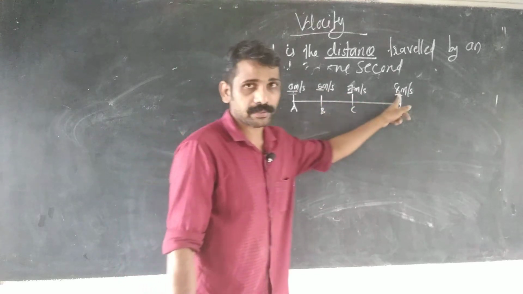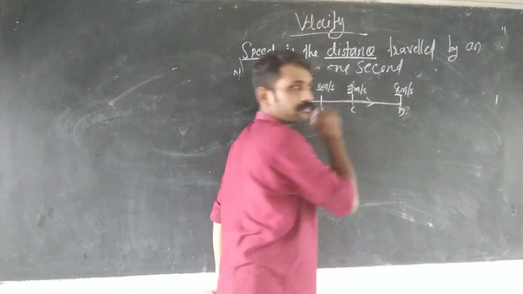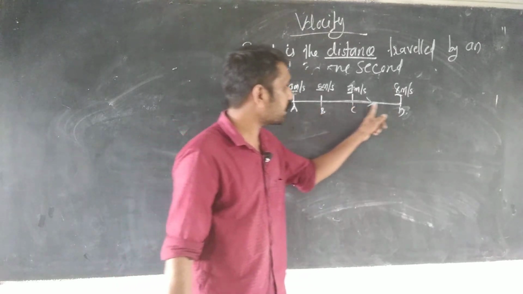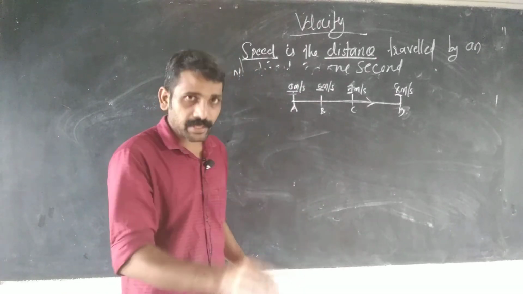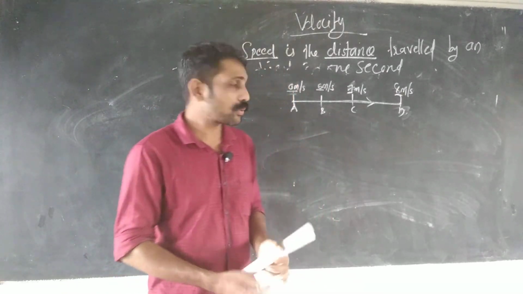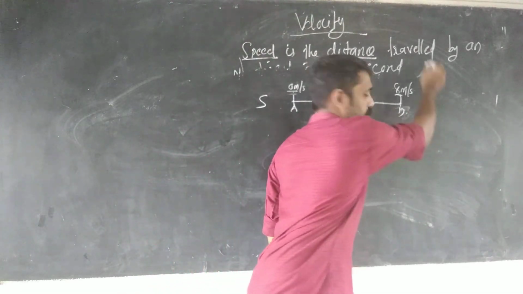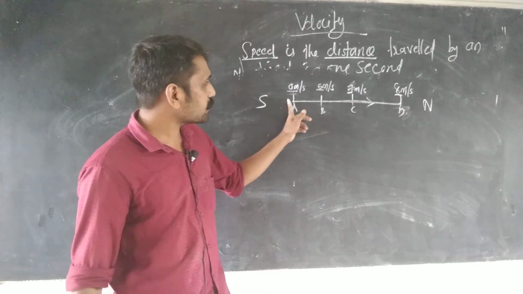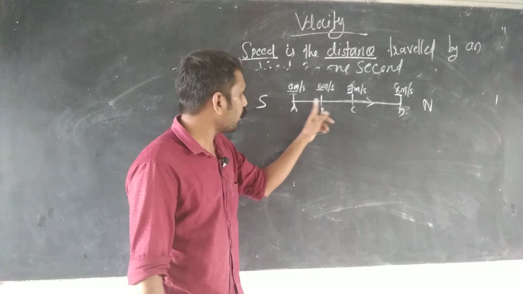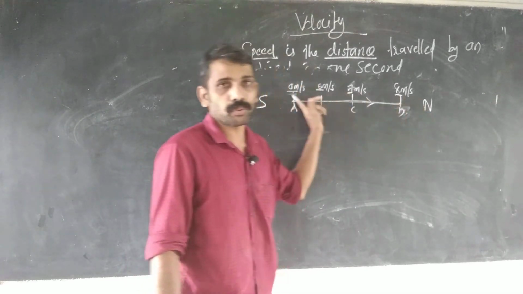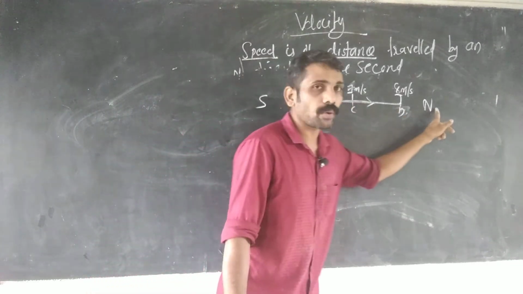But direction is not changed, because the path is a straight line. If an object moves in a straight line, direction will not change. Suppose this is south and this is north. Always it travels in the direction of north. At all points the direction is toward north.